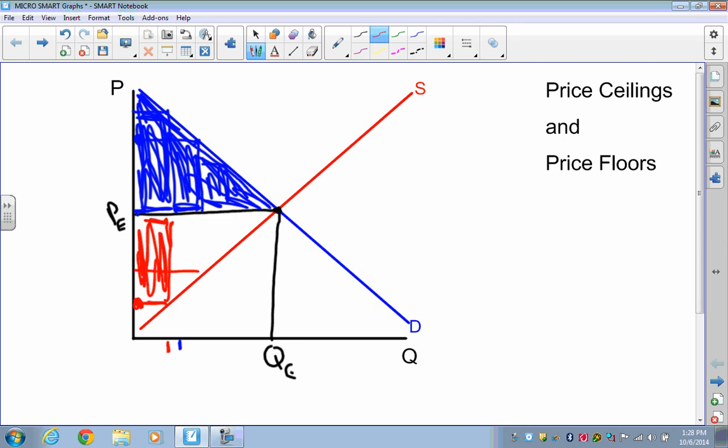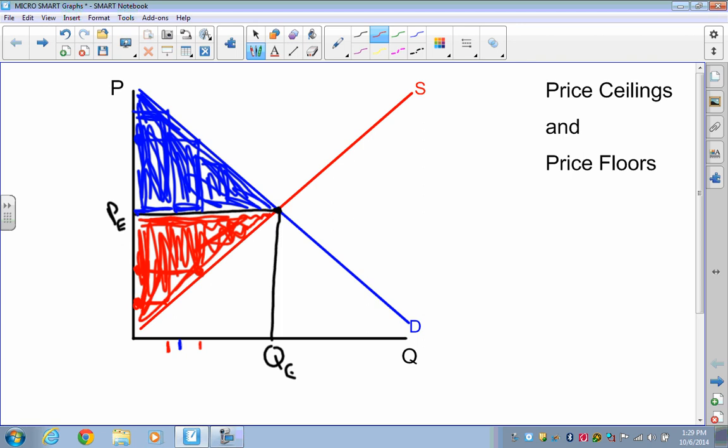And for the quantity from here to here, they would be willing to sell at this price here, but they're actually selling for this high price up here. And so on and so forth until we get this whole area right here, which we call our what? Producer surplus.